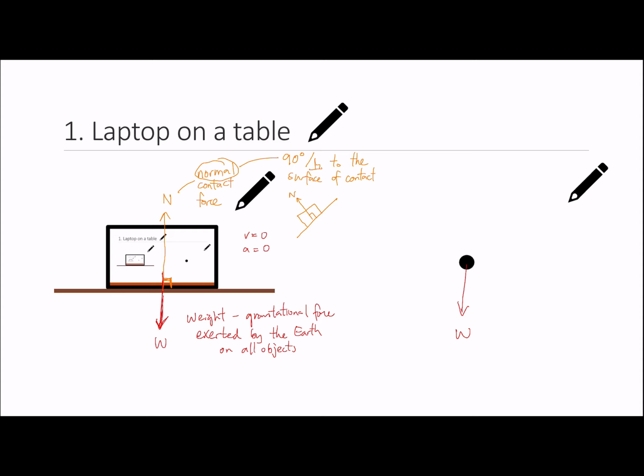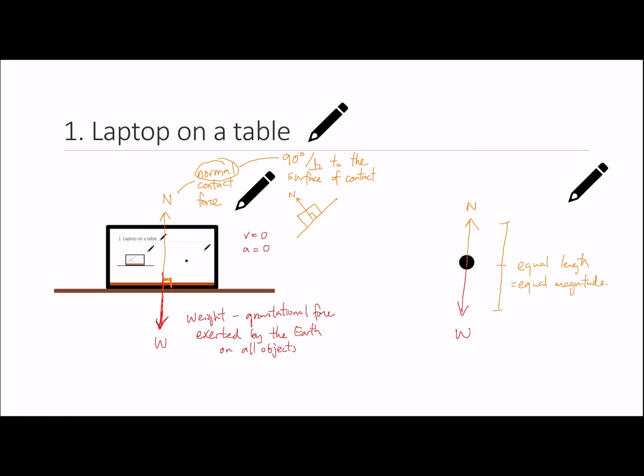Okay, let's go back to our horizontal example, the safer example. So I know that it's going to be upwards, and it's going to be the same strength or the same magnitude as the weight. So I've indicated this by drawing both forces with equal length, because equal magnitude.